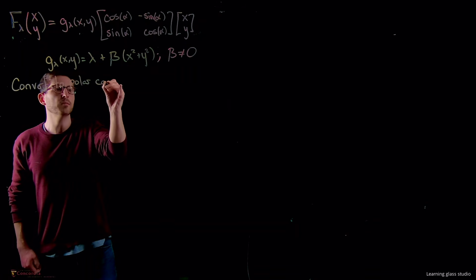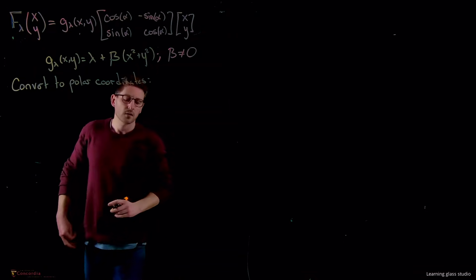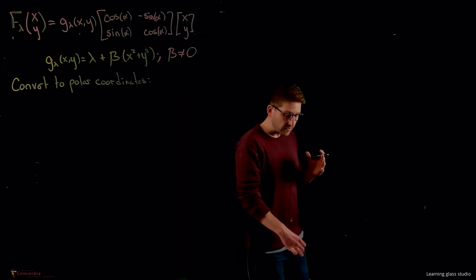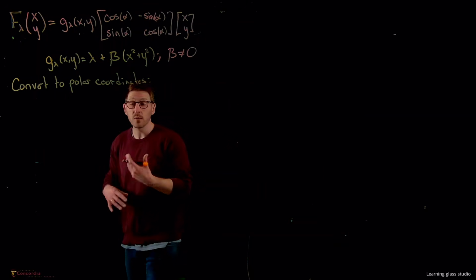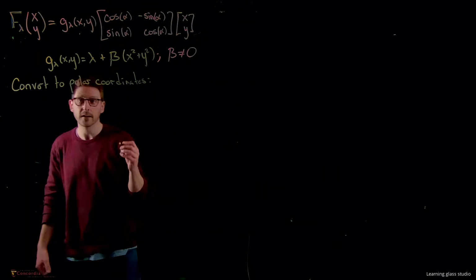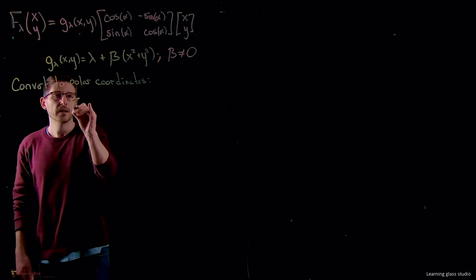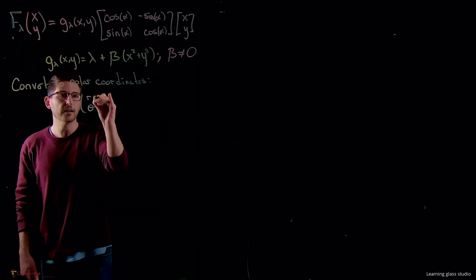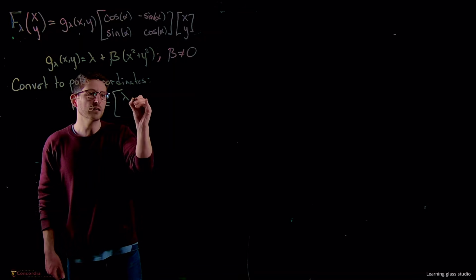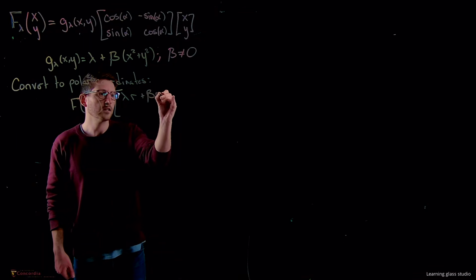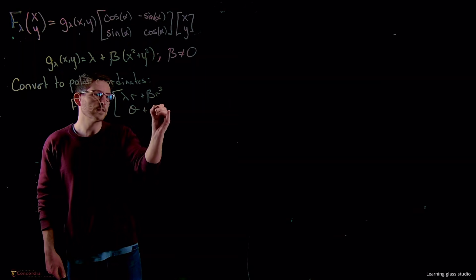You're probably noticing a theme: this is the same way we analyzed the Hopf bifurcation in continuous time. Polar just becomes this natural setting. In particular, the mapping now becomes f of r, theta equals lambda r plus beta r cubed, and theta plus alpha.